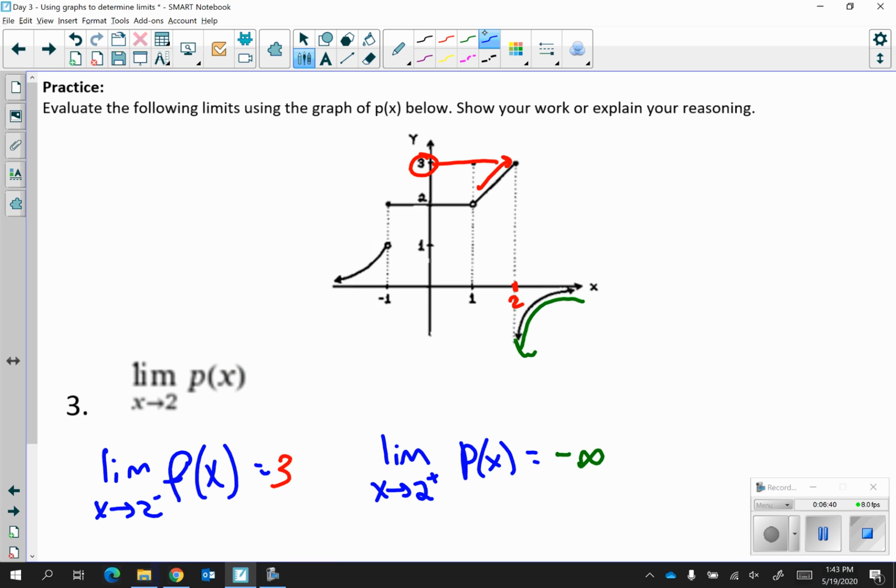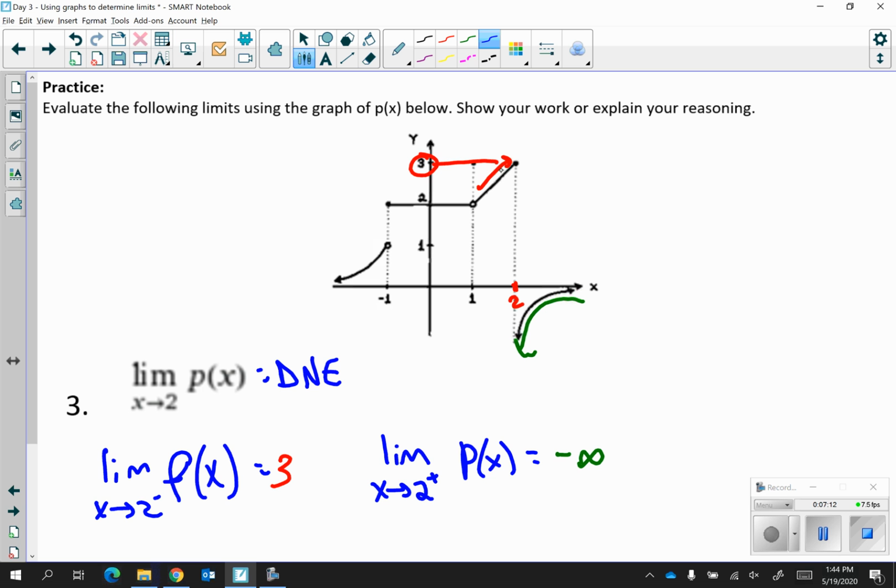Anyway, since 3 is not the same as negative infinity, you can say that the limit does not exist. Because again, you have a discontinuity going on. So really, limits only exist when you're talking about a discontinuity that actually meets up in some similar fashion.